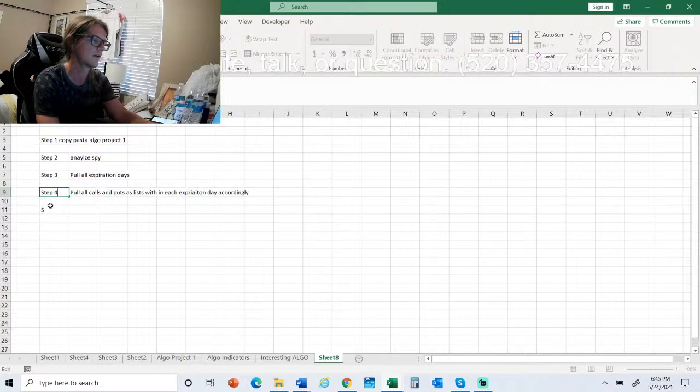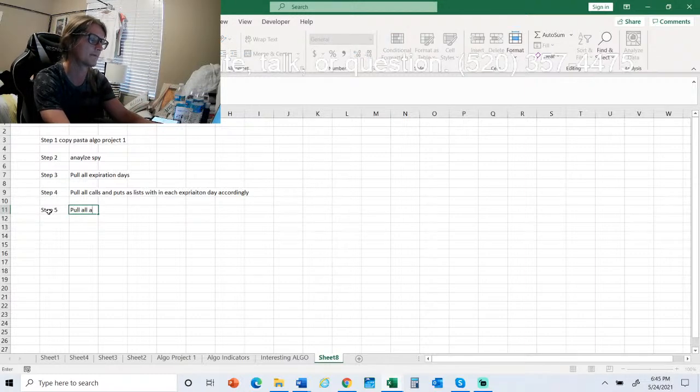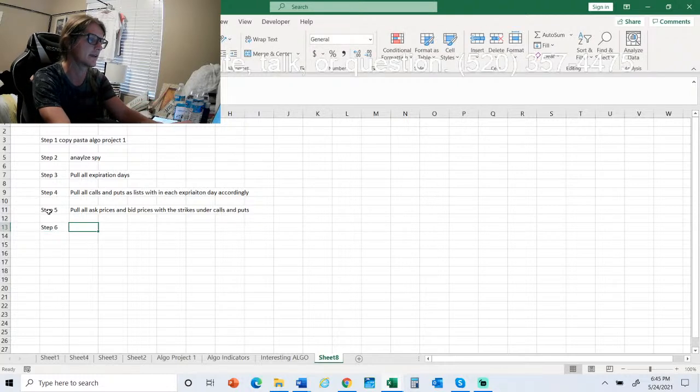Step 5, pull all ask prices and bid prices with the strikes under calls and puts. I may have to add that to my other one because I didn't talk about the ask prices and bid prices, but they do matter. Step 6.